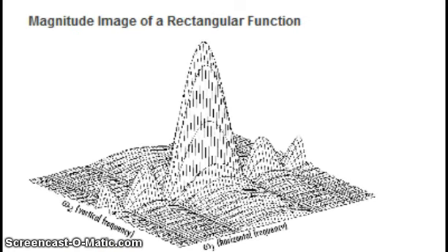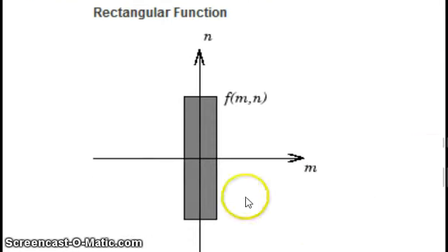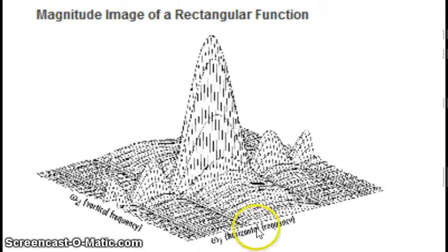So here's a magnitude image of the same rectangle that I showed you, and you can see that the distance in the horizontal direction from here to here is greater, even though in the image I just showed you before, the distance right here was smaller than the vertical distance. So it kind of has the opposite effect. You can see that the distance between each frequency in the vertical direction here is a lot closer as opposed to the horizontal distance. It's kind of opposite when you take the Fourier transform regarding the magnitudes.